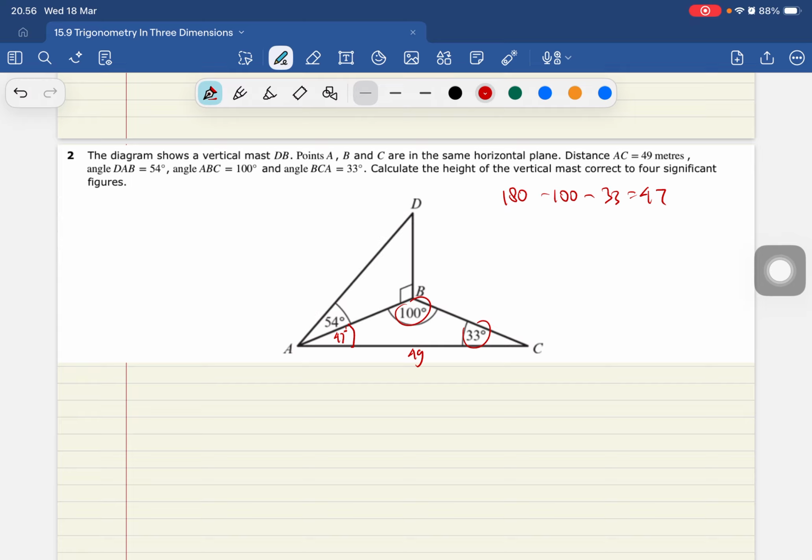So let us find AB. We can use the sine rule.